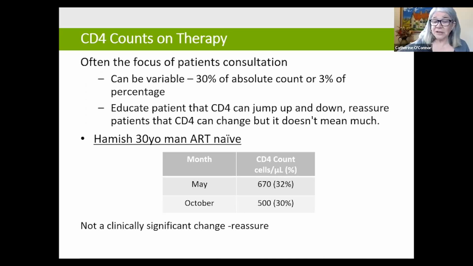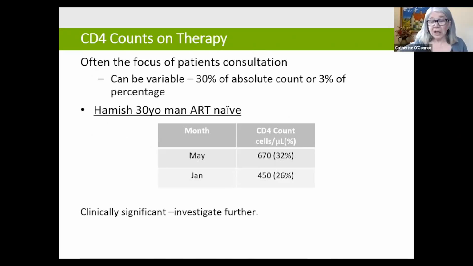So as we can see, the first change from 670 and 32% to 530 is not significant. So we need to reassure patients in this situation. However, the second change is clinically significant, and we need to investigate further.